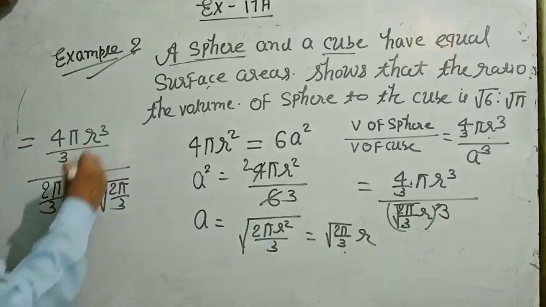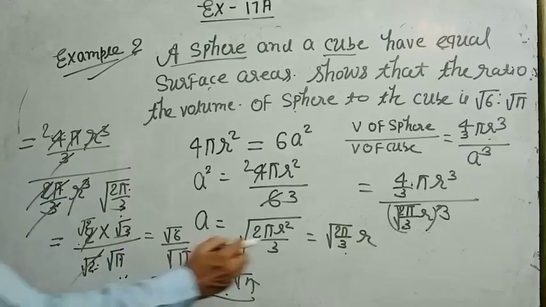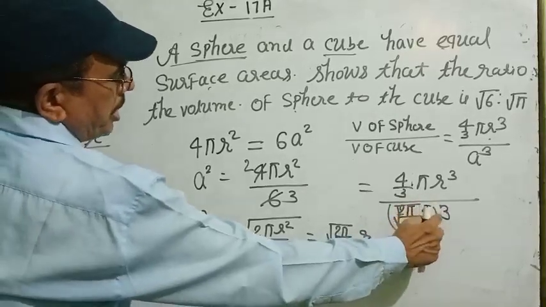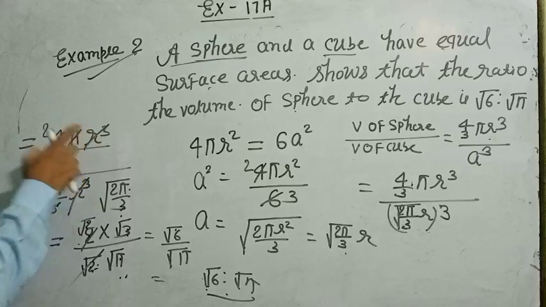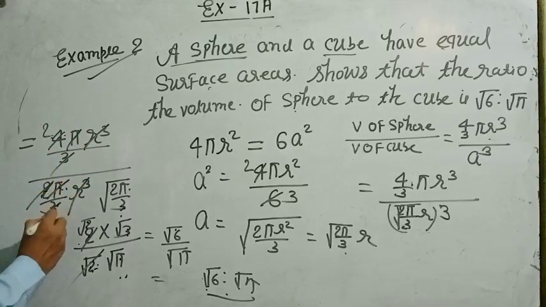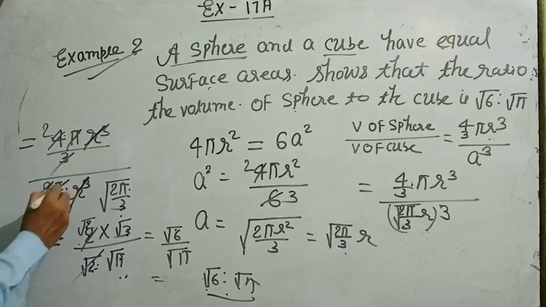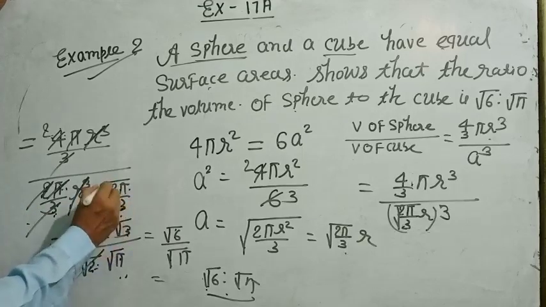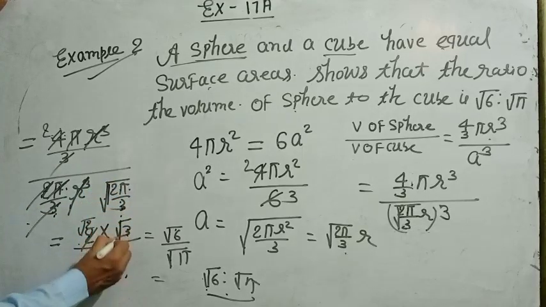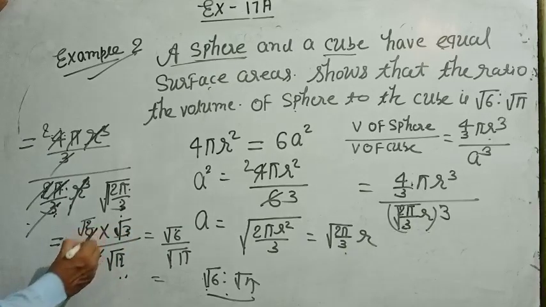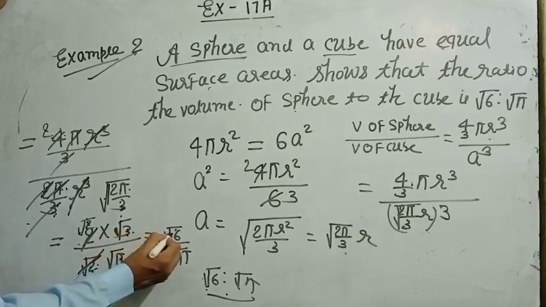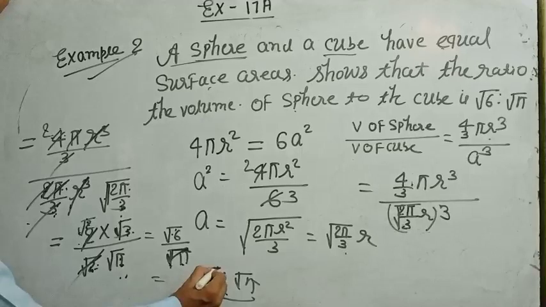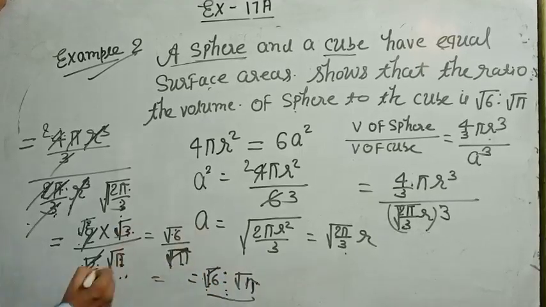Now you see the ratio: 4 pi R cube by 3 over root of 2 pi by 3, to the power 3, times R cube. Then R cube cancels, 2 pi cancels, 3 and 3 cancel, and root of 2 pi by 3 remains. This 3 goes in the upper part, that is root 3, and root 2 cancels 2 by root 2. Then root 2 into root 3 is root 6, and here is root 5. So the answer will be root 6 is to root 5. It is your solution.